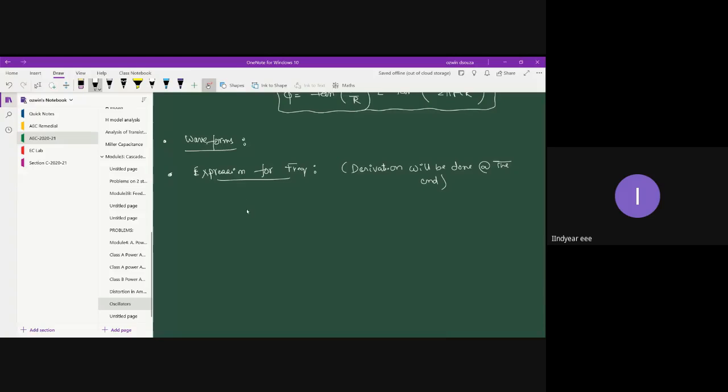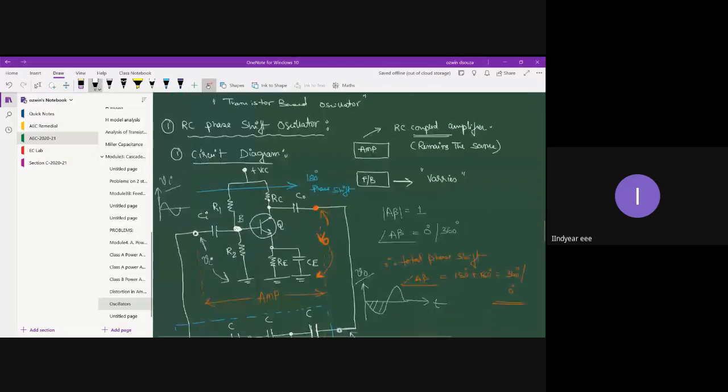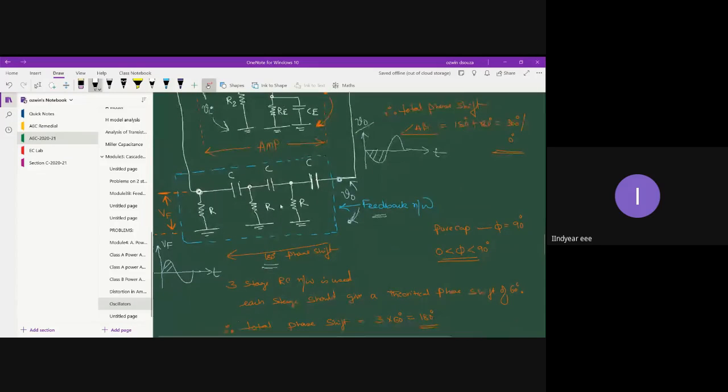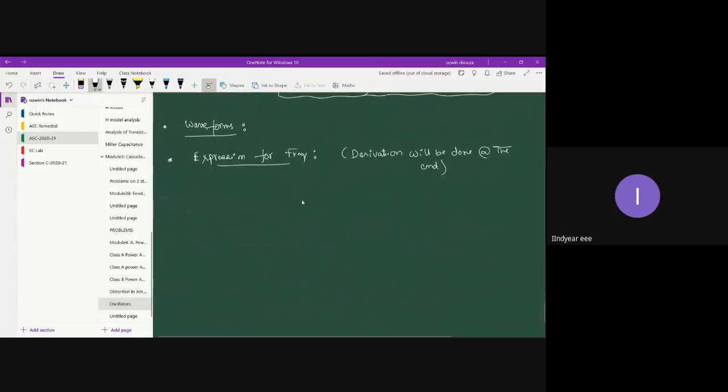Now, when you apply mesh analysis, because there are three loops here, loop 1, loop 2, and loop 3, we go for mesh analysis to carry out the derivation.